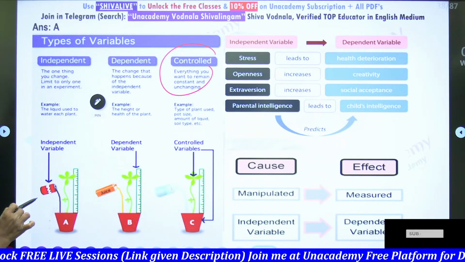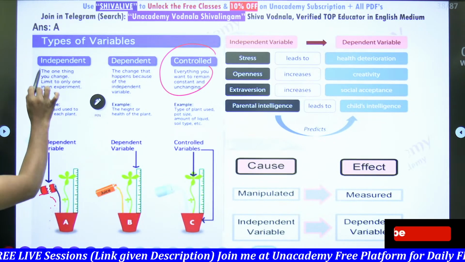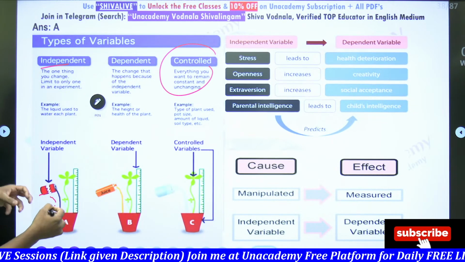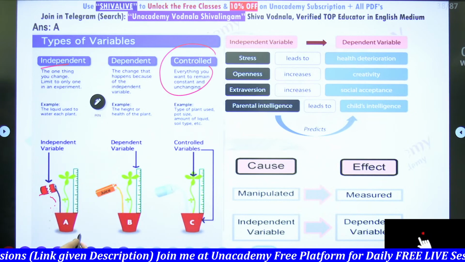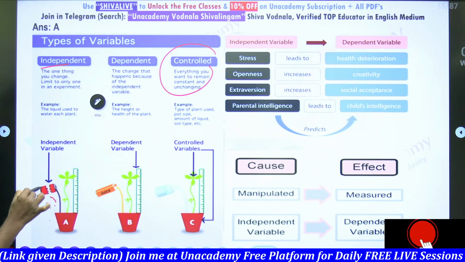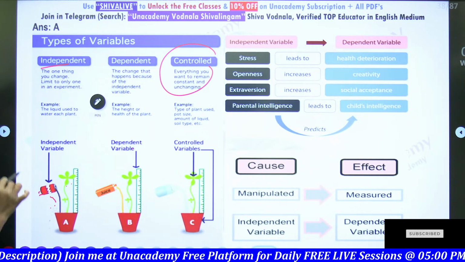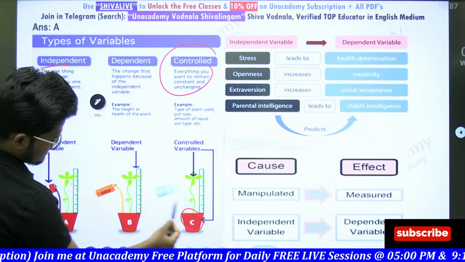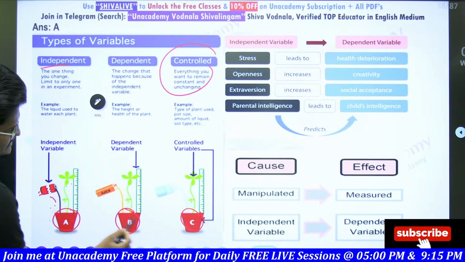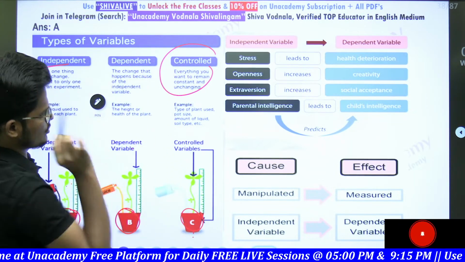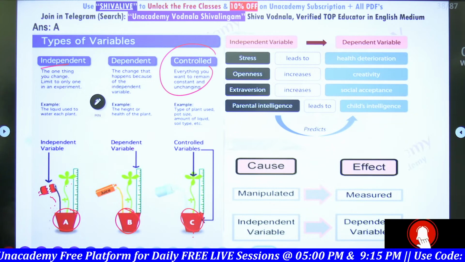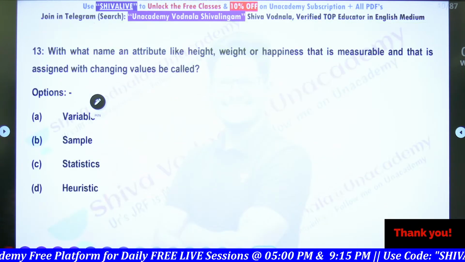Here you can see pouring water is an independent variable. The more water you give, the more the plant grows. So plant growth is a dependent variable, whereas water is an independent variable. The constant is that the pot size is neither increasing nor decreasing. So the pot is called a controlled variable, which is not going to change.